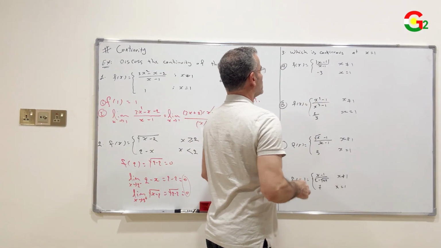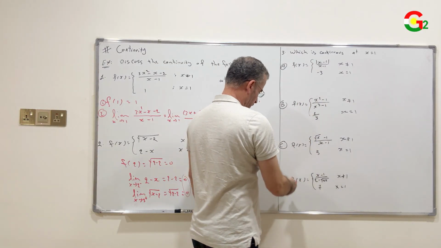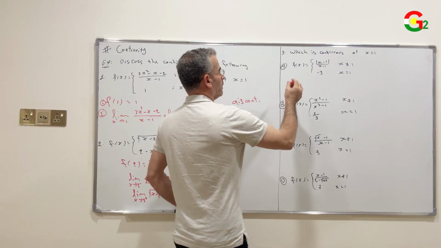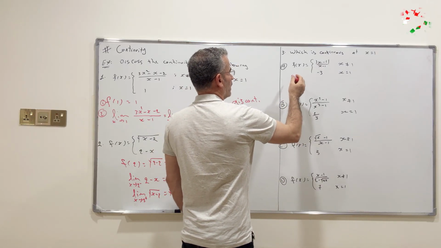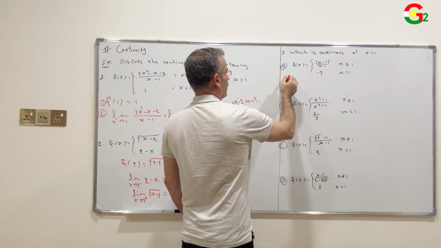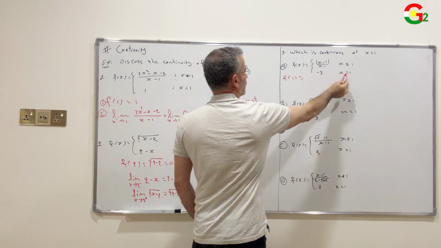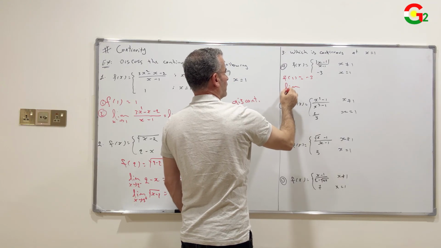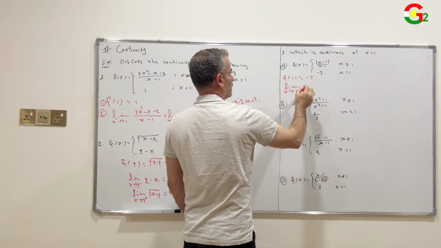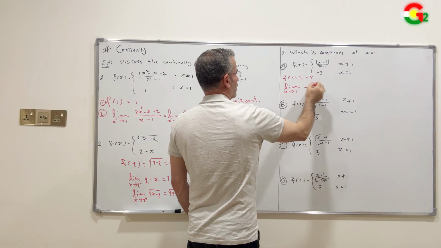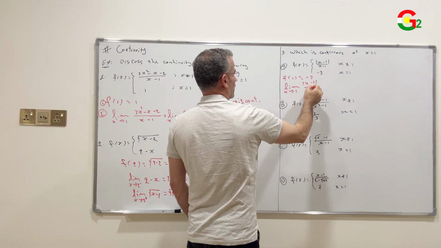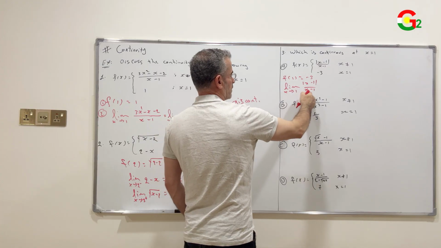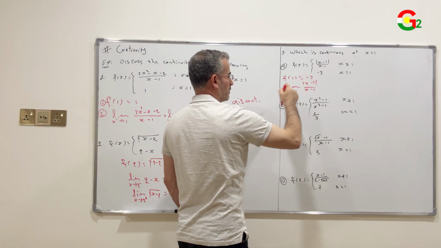Which of the following functions is continuous at x = 1? Let us check one by one. Here, f of 1, when x equals 1, is −3. And the limit when x approaches 1 for the function |x − 1|/(x − 1): if I substitute directly, it is 0 over 0.